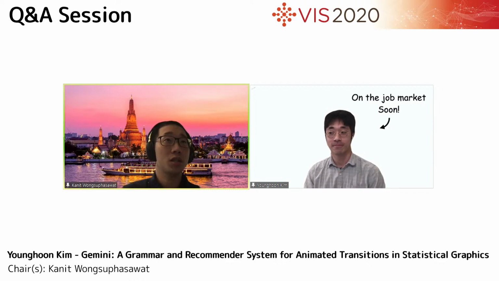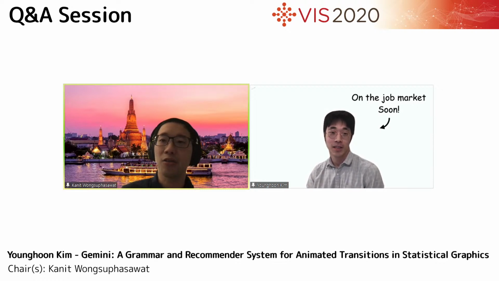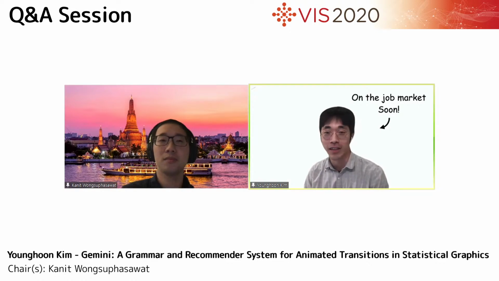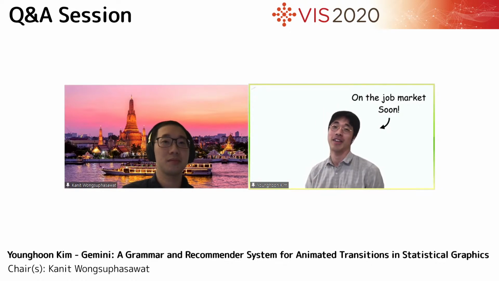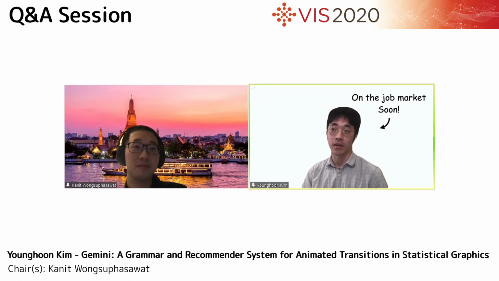For questions, there's a question from Wolfgang: in the basic example that you walked through, how are the axis changes defined in terms of target values? Thanks for the question, Wolfgang. Gemini finds the differences by investigating the start and end visualizations.